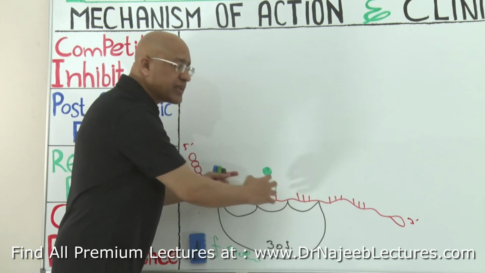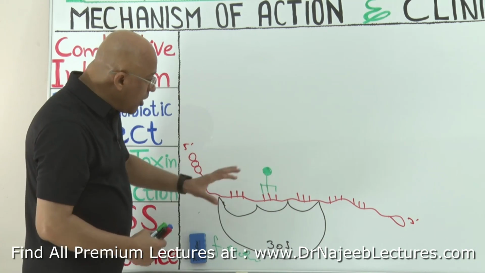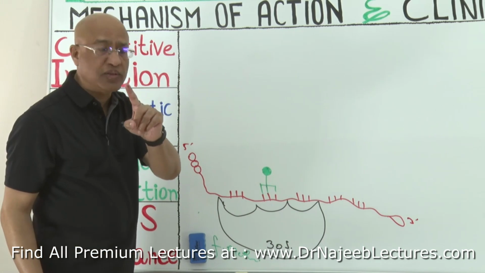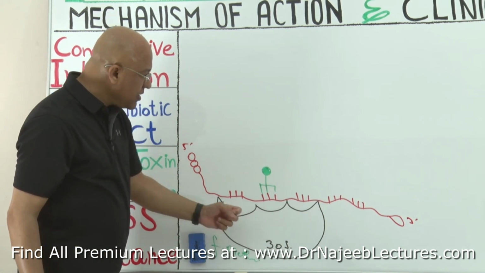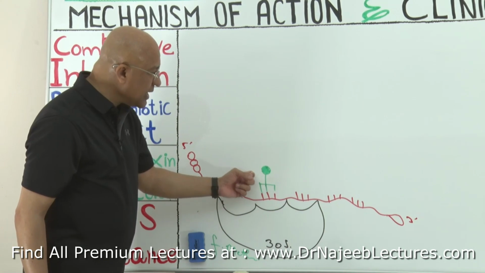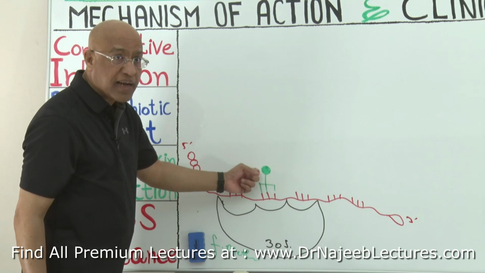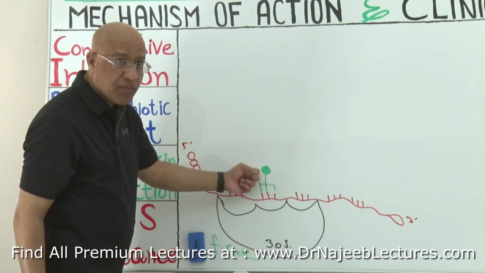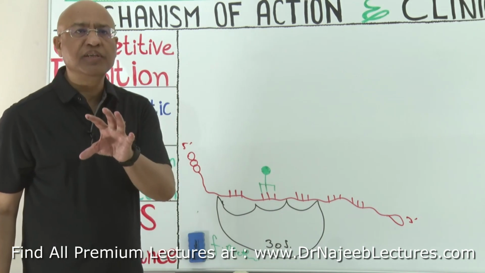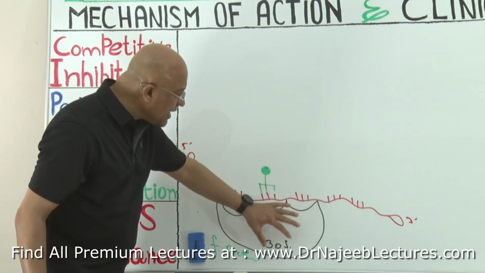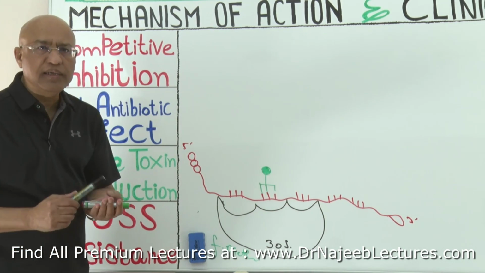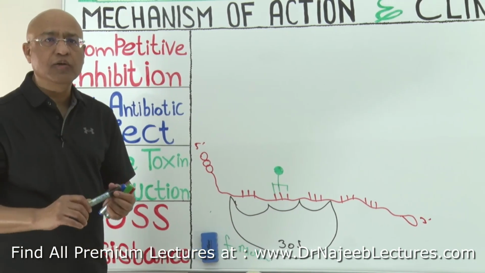Now these four things are assembled: the 30S ribosomal subunit, messenger RNA, transfer RNA with formyl methionine amino acid, and fourth, the initiation factors. If they are there, then this component will be called the 30S initiation complex.